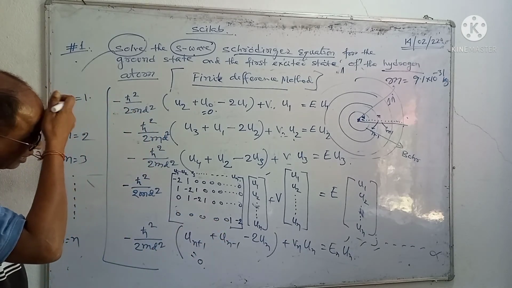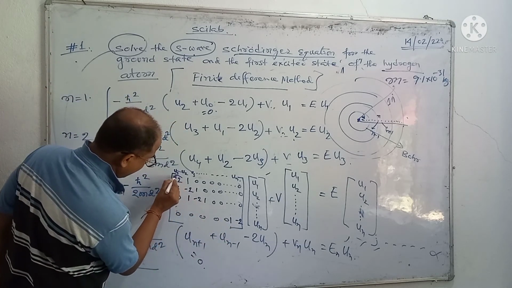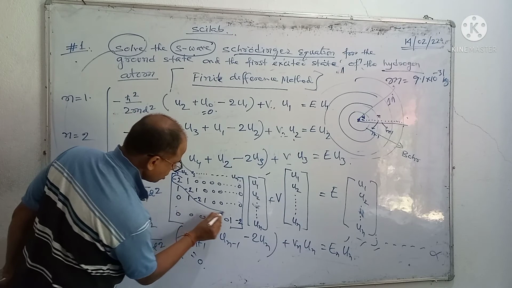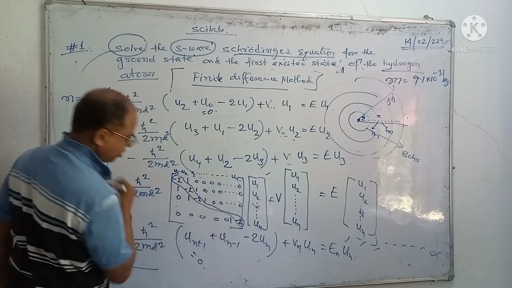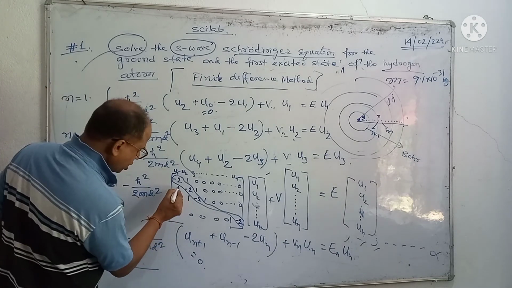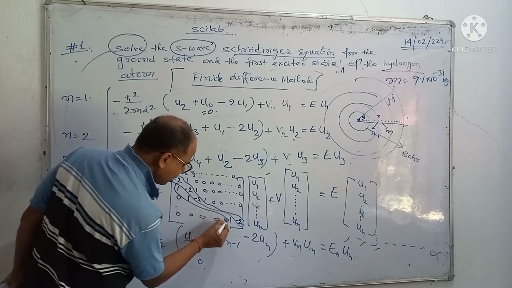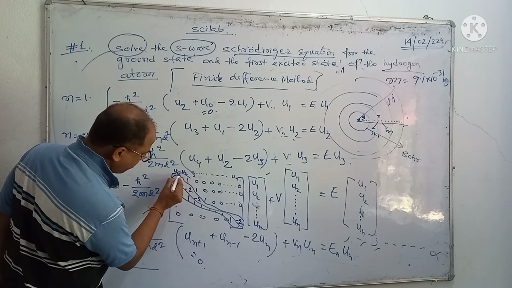Right? Therefore, you see, this is the diagonal. And this is the lower diagonal. All are 1. And this is the upper diagonal.